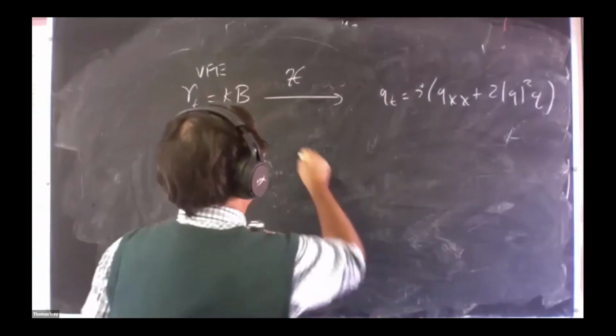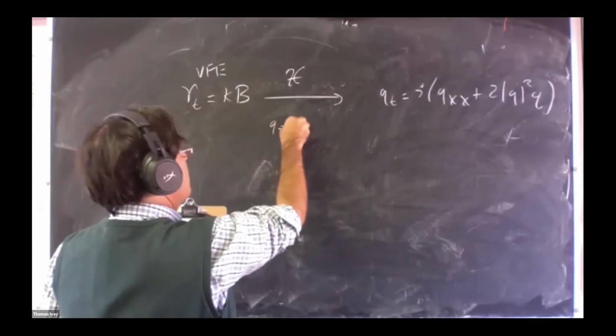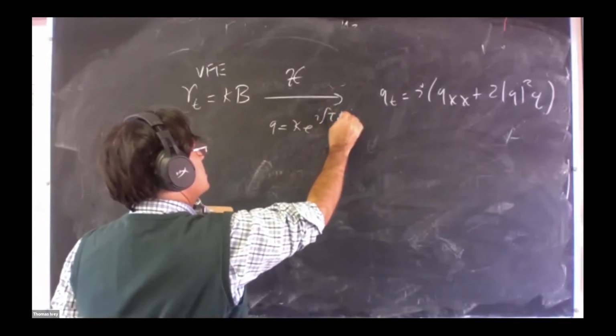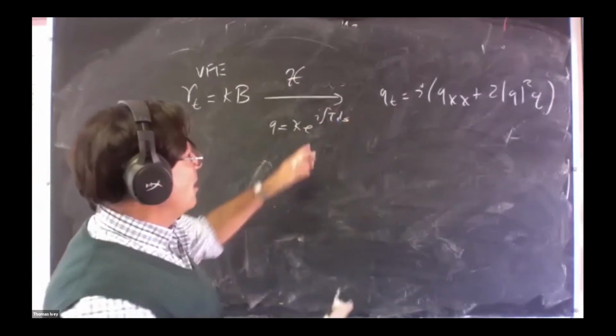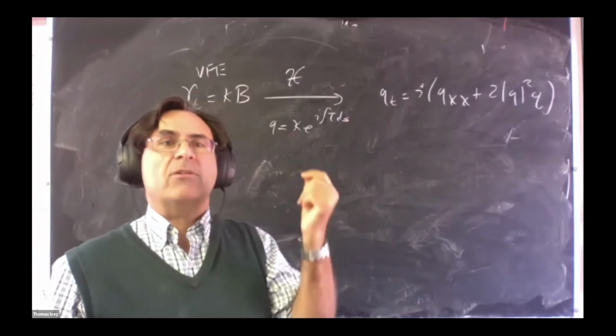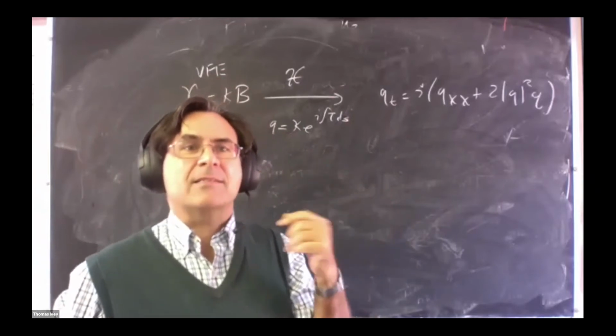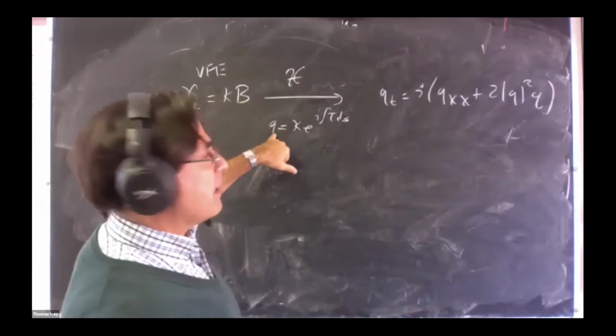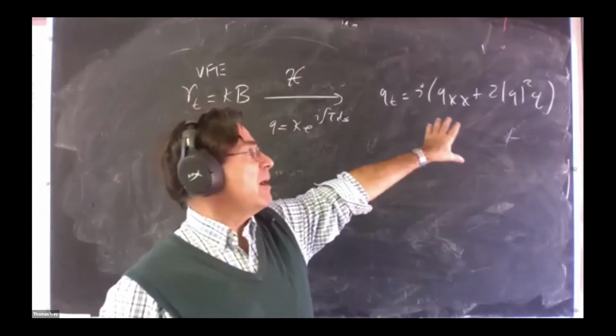Because what did Hashimoto say? Q is kappa e to the i antiderivative of torsion ds. Well, kappa and tau will be periodic, but the integral of tau will not be periodic unless it has average value 0. So this Q you get here will only be quasi-periodic.